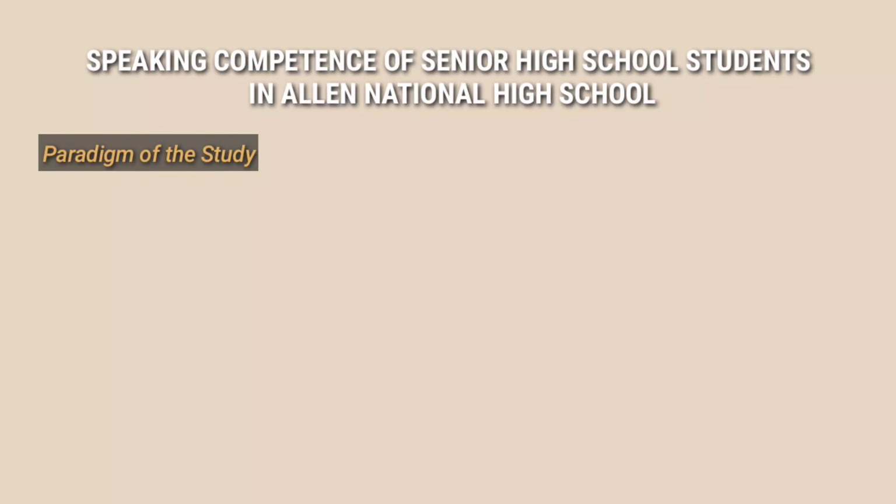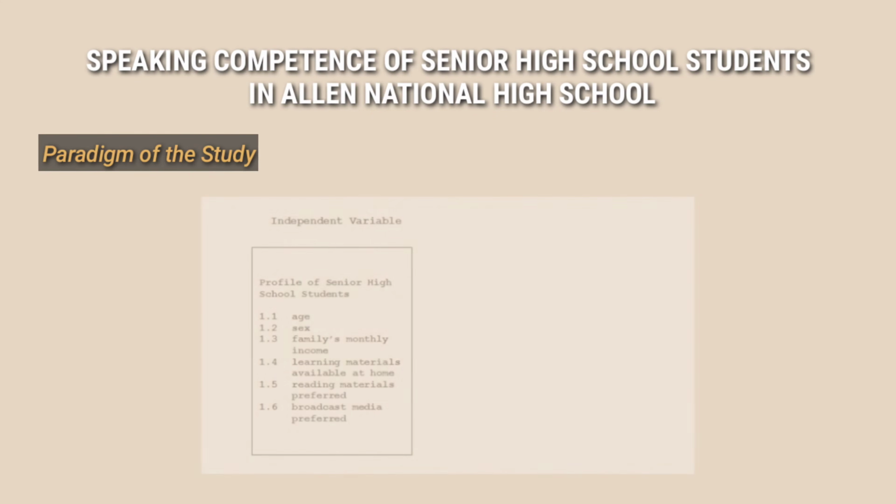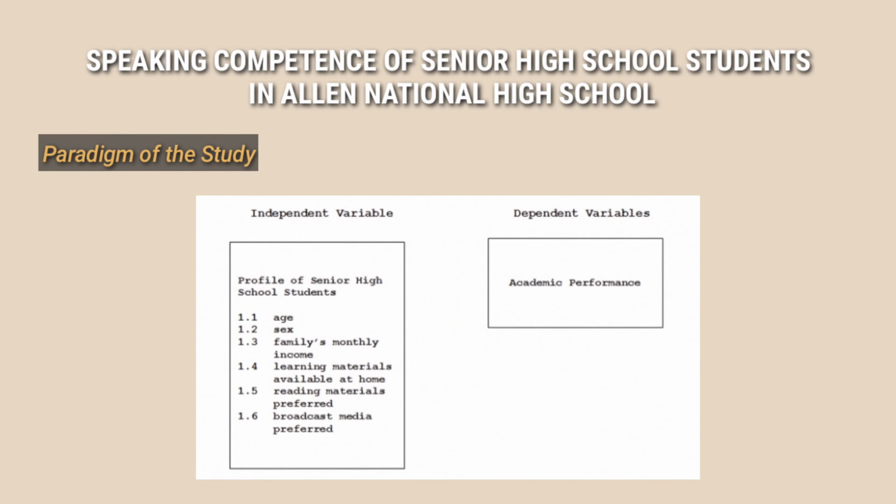The key to come up with a good paradigm of the study is referring to the questions in the statement of the problem. This refers to the first question in the statement of the problem. And indicated here is question number 2.